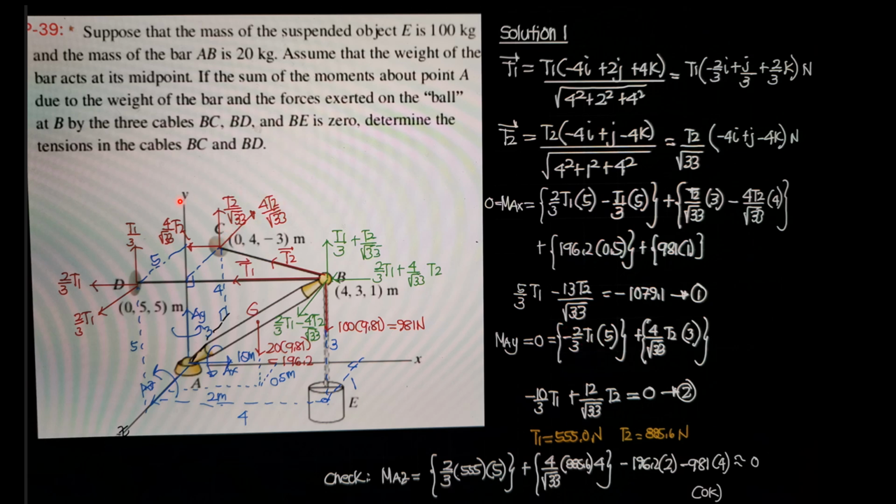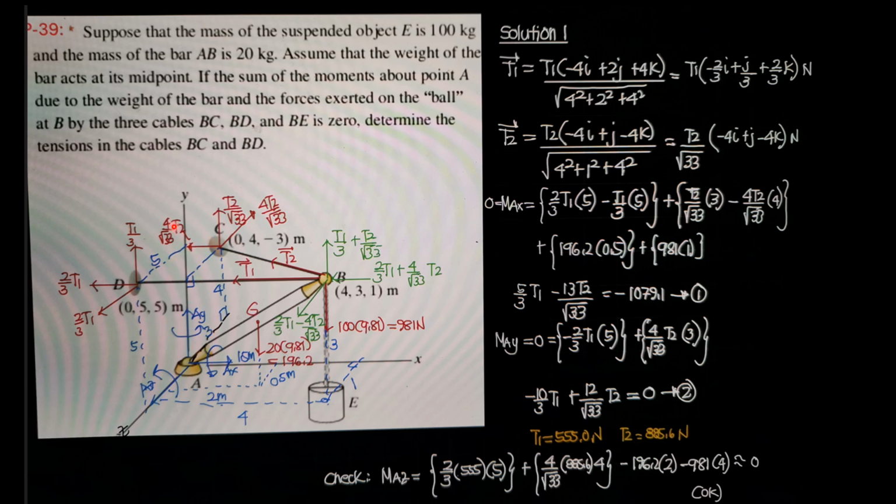Then for these components here, parallel, so none. 4 over square root of 33 T2 when extended also crosses Y, it has no moment. Only 4 over square root of 33 T2, this component here has a moment about the Y-axis, and it is positive. If you look at that sense, so positive by right thumb rule.